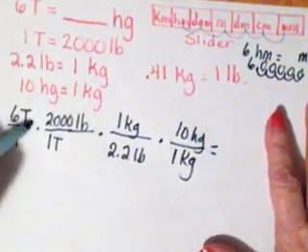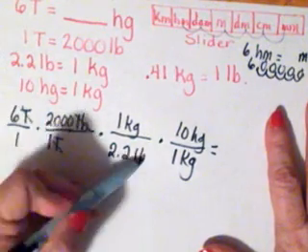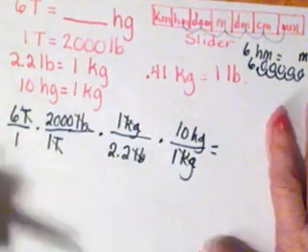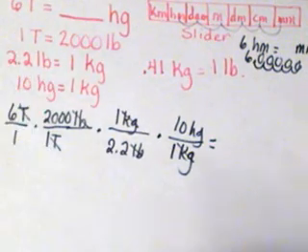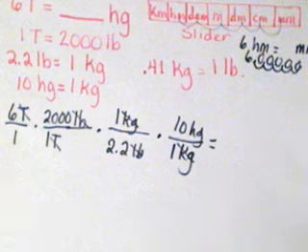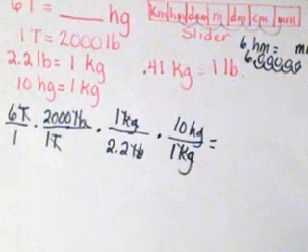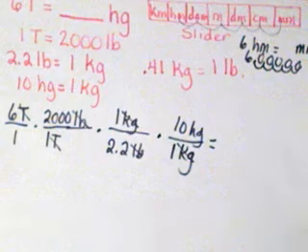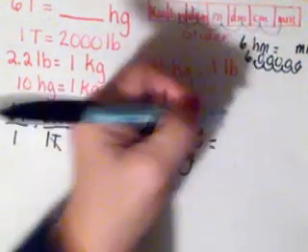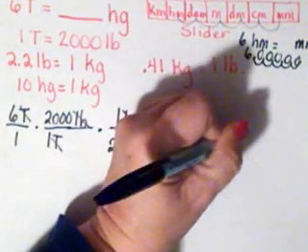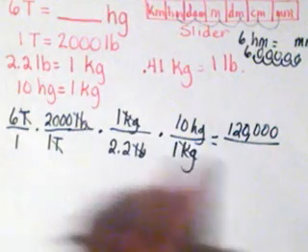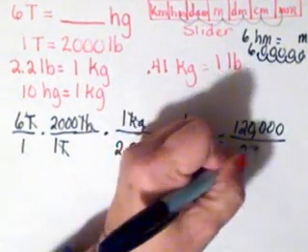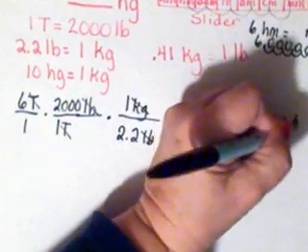Okay, so we've got tons canceling, pounds canceling, kilograms canceling, so we're left with hectograms on the top. Alright, so that gives us 6 times 2,000 times 10 on the top, which is 120,000. Okay, on the bottom, 1 times all of that is just 2.2. Alright, and again, that's hectograms.